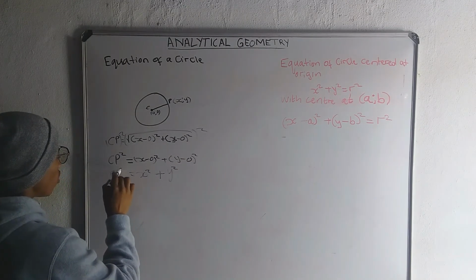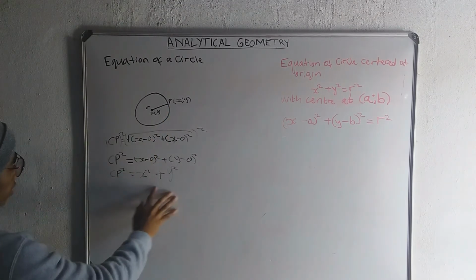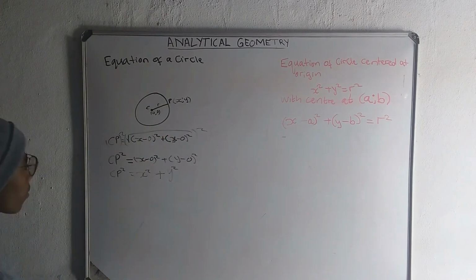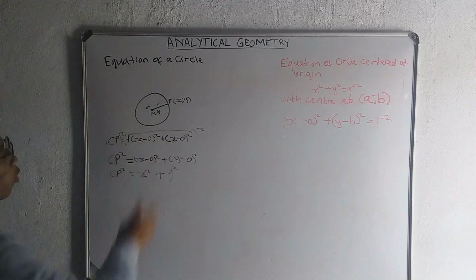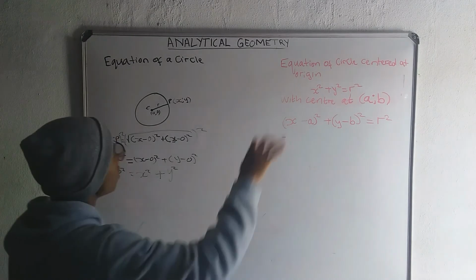Therefore we are having our radius as this. This is our radius, the line from the center to any point on the circumference. This is how we came about with that.